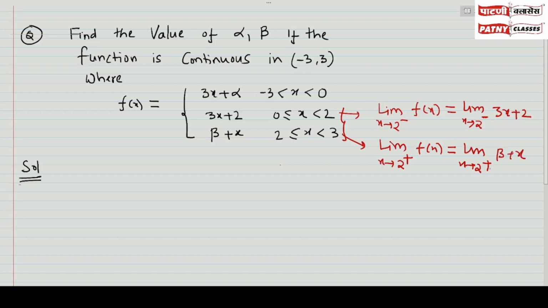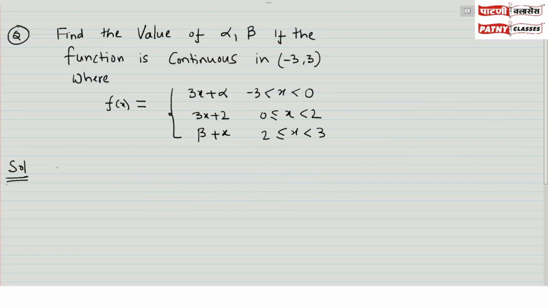The function is already continuous at x equals 2. Therefore limit x tending to 2 minus f of x equals limit x tending to 2 plus f of x. By equating this, I can easily find the beta value. Now let us do the problem in detail.